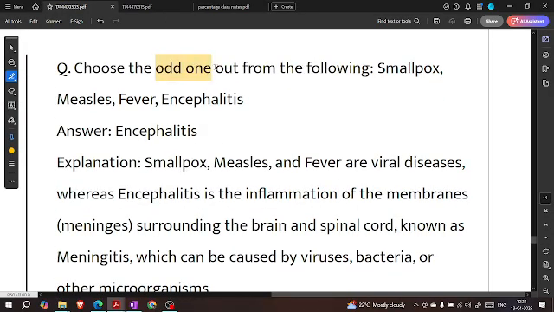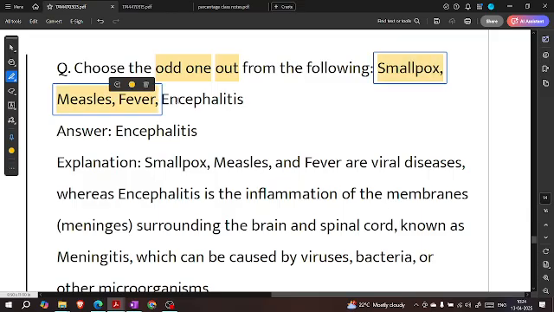Choose the odd one out from the following: smallpox, measles, fever, encephalitis.